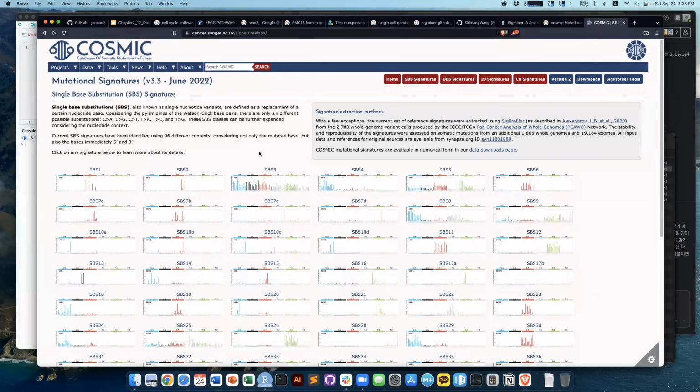So why do we have to care about these mutation signatures? Because cancers have so many genes causing disease, and those cancer genes overlap between different cancer types. So you have to dissect mutation types and think about the cause of the mutations, right?